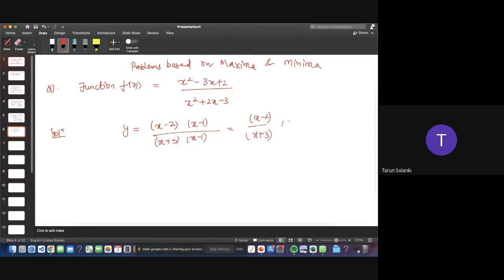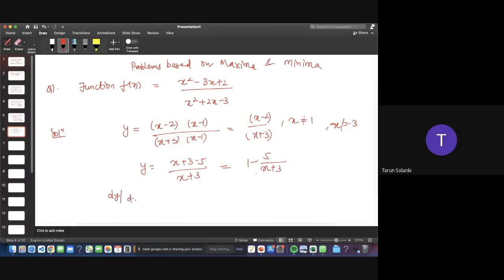So finally x is not equal to 1 and x is not equal to −3. So we can say y = (x + 3 − 5)/(x + 3), which is 1 − 5/(x + 3).